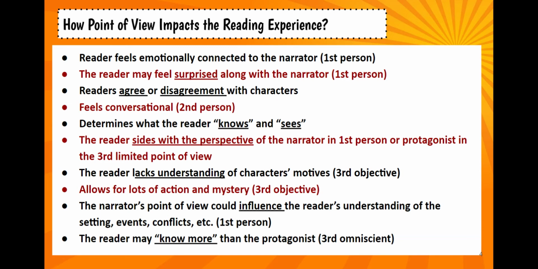The reader tends to lack understanding of characters' motives if it's third person objective. And also, third person objective allows for a lot of action, but also a lot of mystery, because you really have to infer what the characters are thinking or feeling.